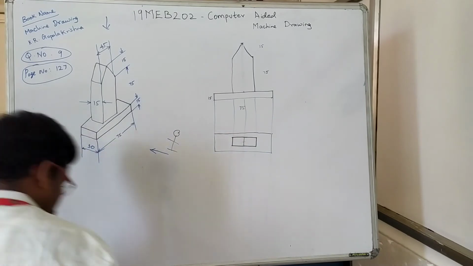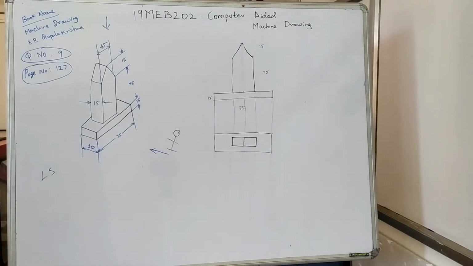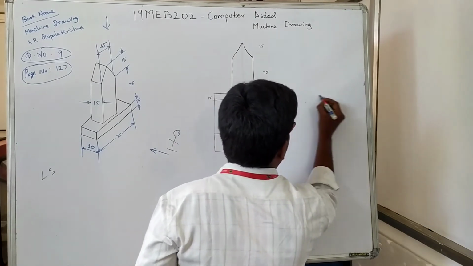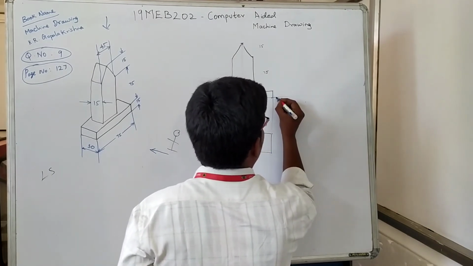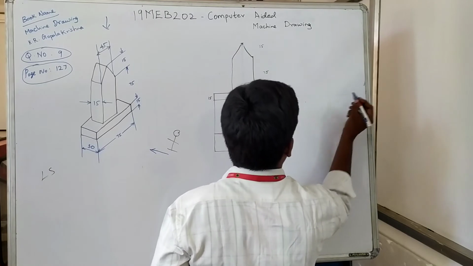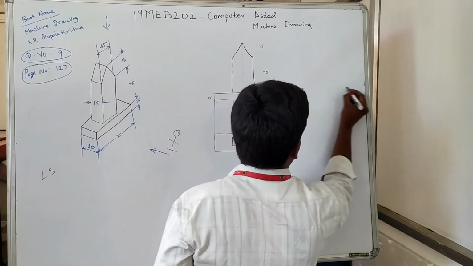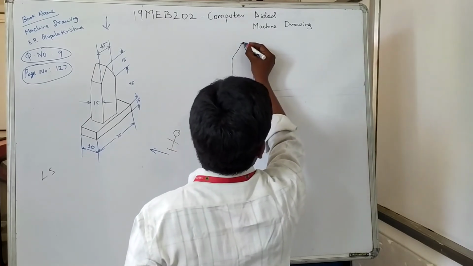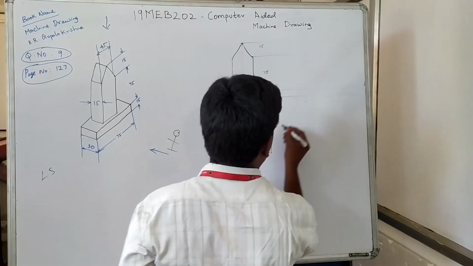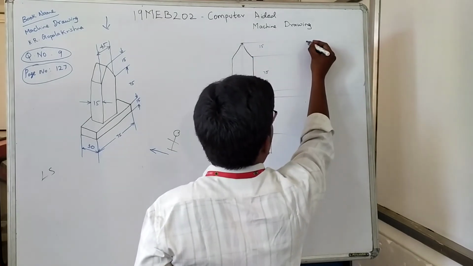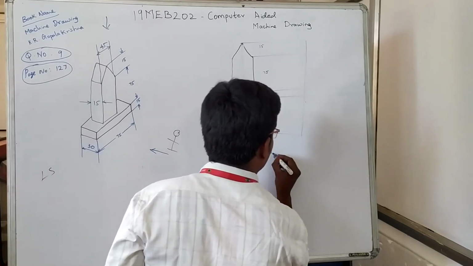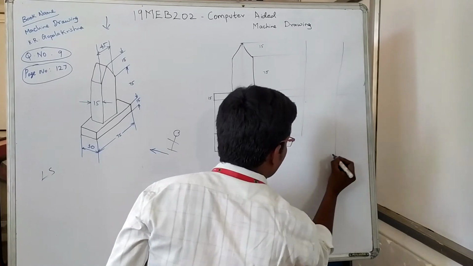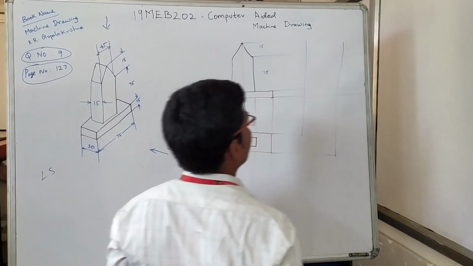Now I am going to draw the side view. The side view should be straight like the front view. I am taking the reference lines from both front view and top view.